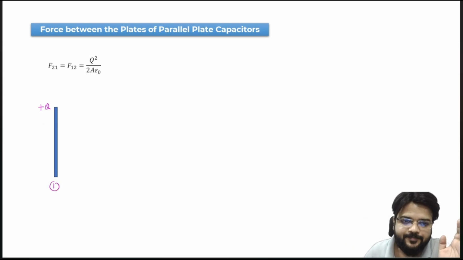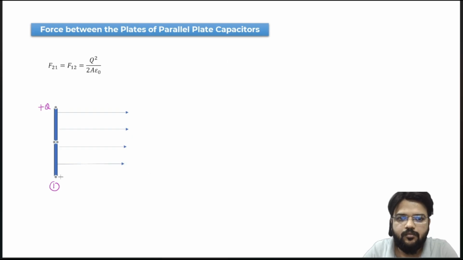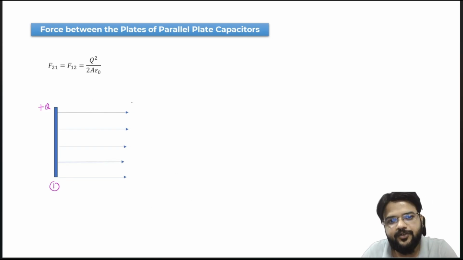So this is the first plate, and this is the electric field created by the first plate, and the second plate is present in this electric field. This is what we are assuming.